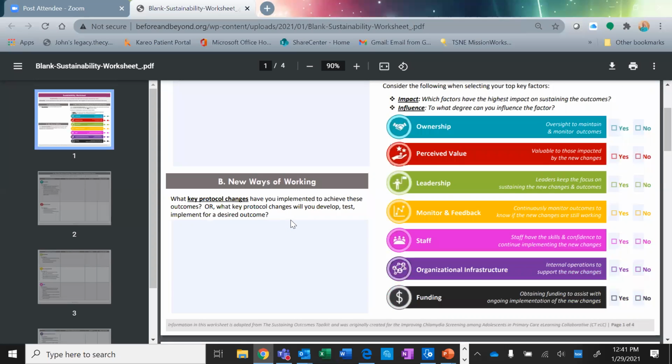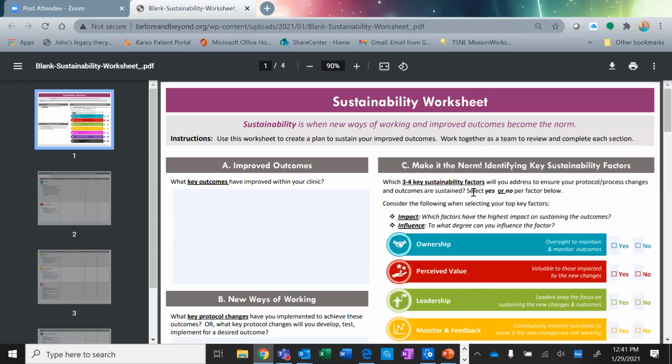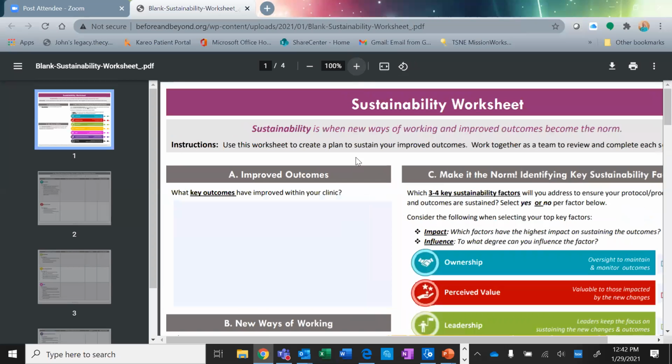Then think about the new ways of working. Are there key protocol changes or process changes that you've implemented to achieve this? Think about ones that you may still be developing or testing. That's okay, those are all towards your new way of doing things. And then, as you see, we're back on C now.